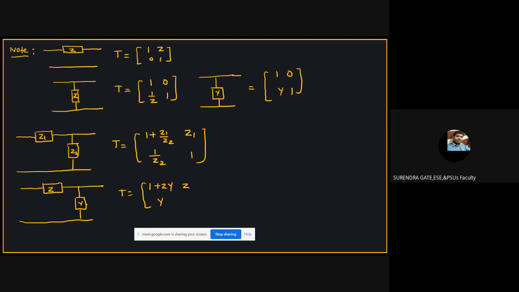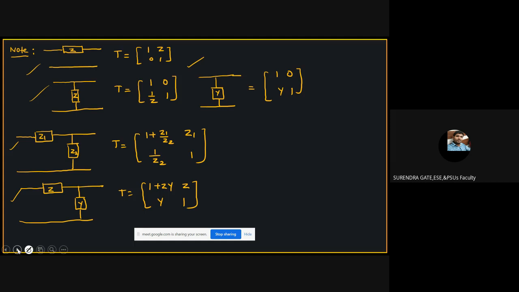Because Z2, you can convert this impedance into admittance. Z2 I am writing as 1 by Y. That goes to the numerator. All these are the T parameters in different cases. This is very important. Please concentrate.